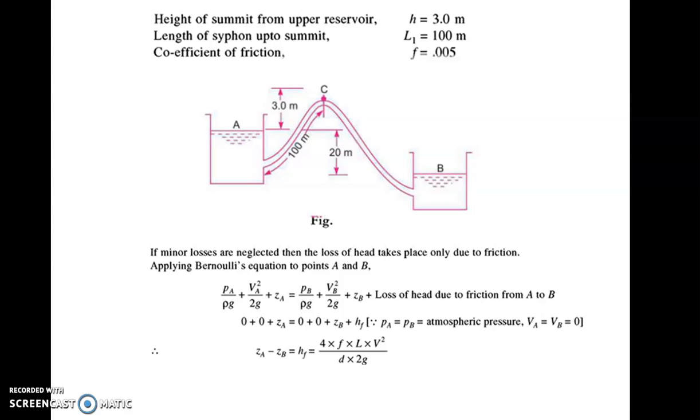VA square by 2g will become 0, and VB square by 2g will also be 0. There is no pressure and no velocity in this equation. Only the datum head difference ZA minus ZB remains, and that will be equal to the loss of head 4FLV square by 2gD.